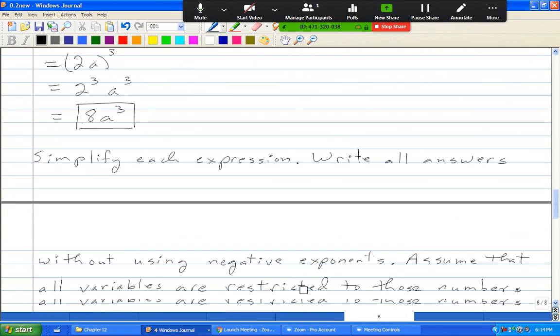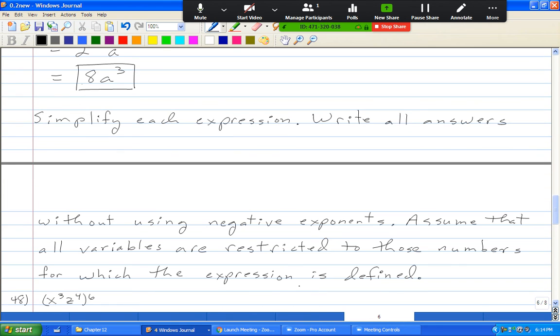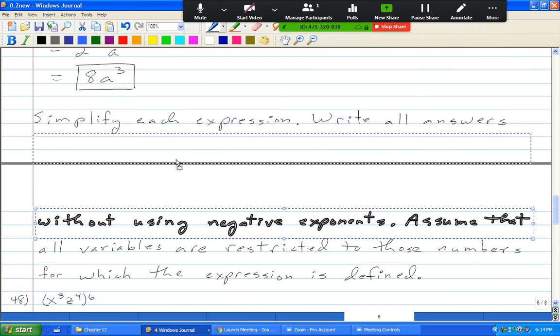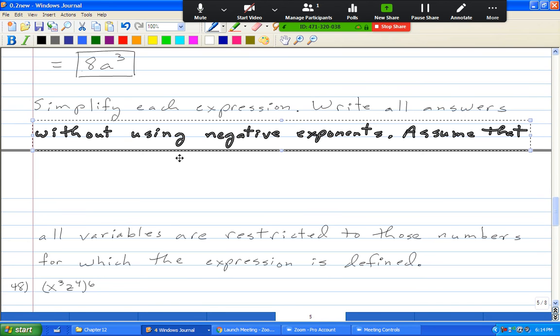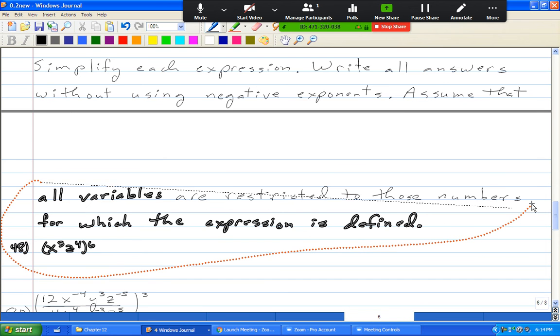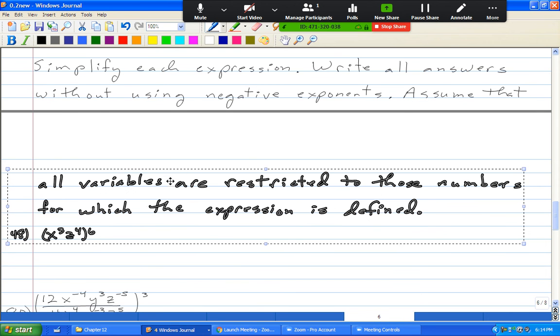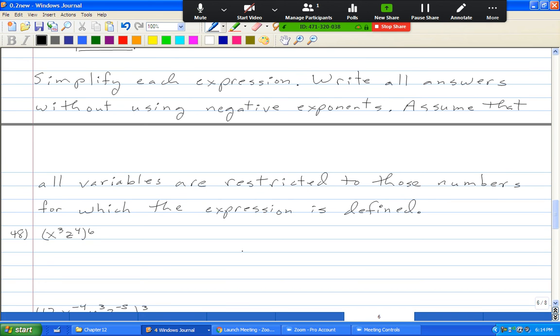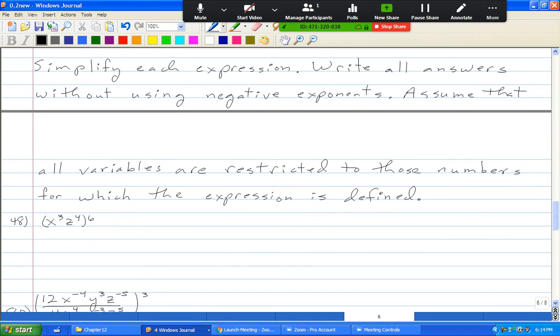Okay, so let me do problem number 48. Okay, so simplify each expression, write all answers without using negative exponents, assume that all variables are restricted to those numbers for which the expression is defined.